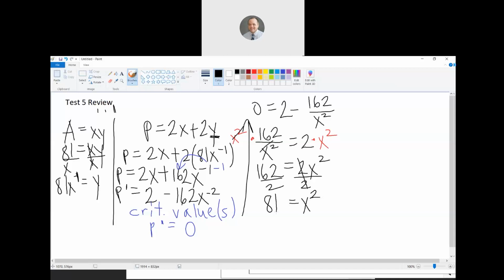To solve for x, you know to take the square root of both sides. So that would give us x. Now, normally when you take the square root of a positive number, you get two different answers, here a positive and a negative 9. But you reject the negative 9 because we can't have negative dimensions. So x is equal to positive 9.